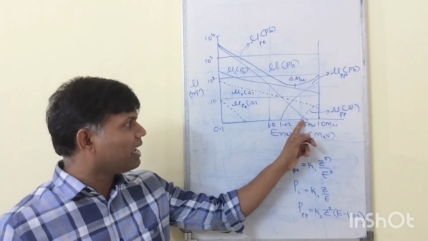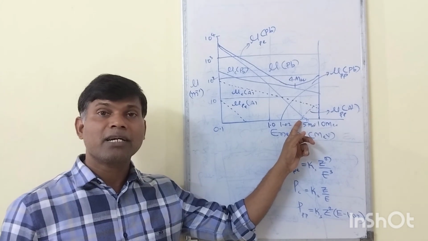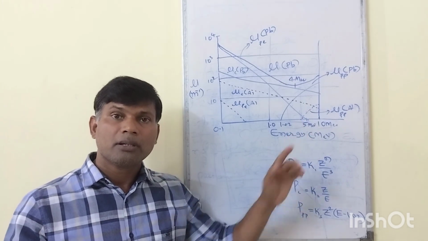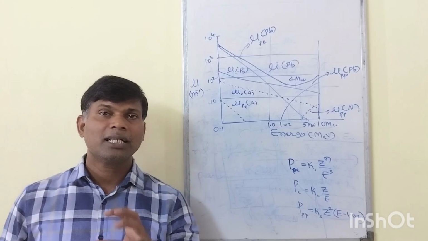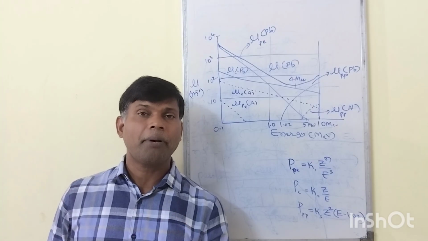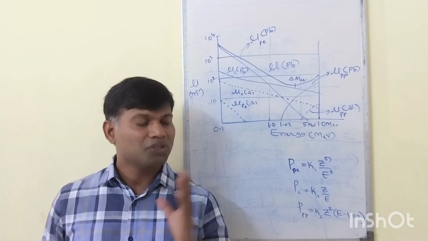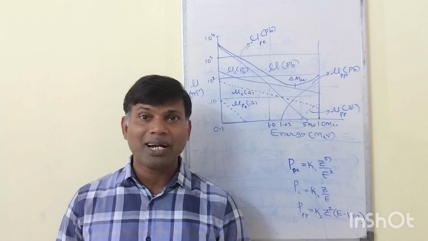That is why pair production in aluminium takes place at significantly higher energy, because the aluminium nucleus gives less electric field compared to lead. So this is the beauty of this graph. Huge physics is involved in this.